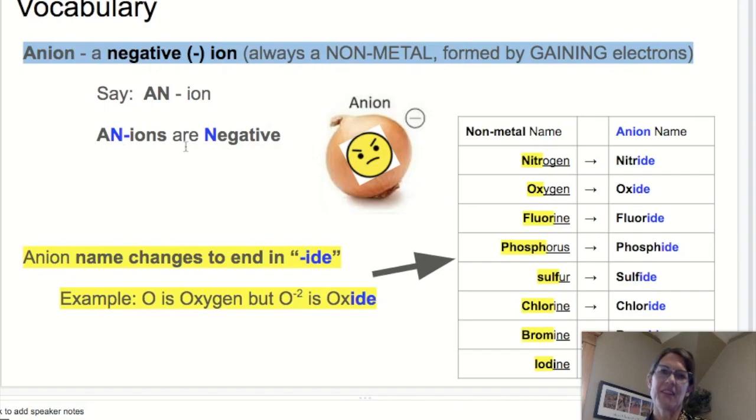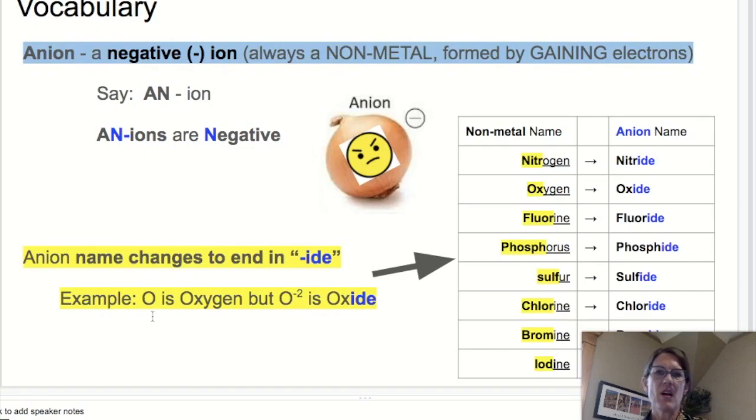Anions are negative, but also the letter N in anion helps me remember. Everybody say anion, anion, one more time, anion. And anions are negative. For naming, the anion name changes to end in "ide."